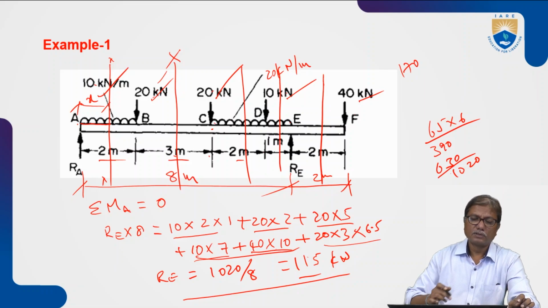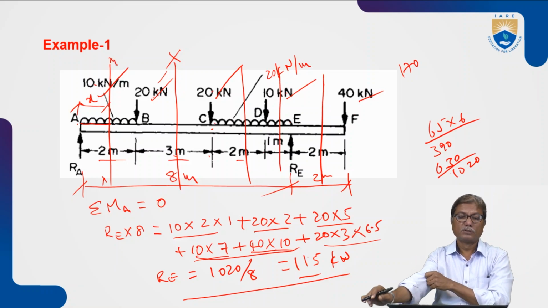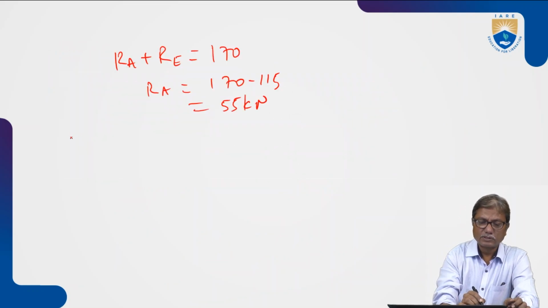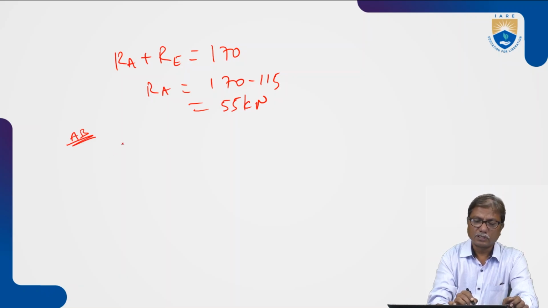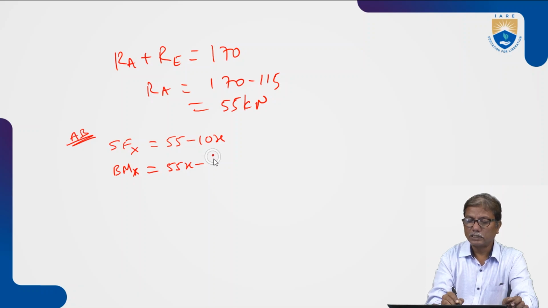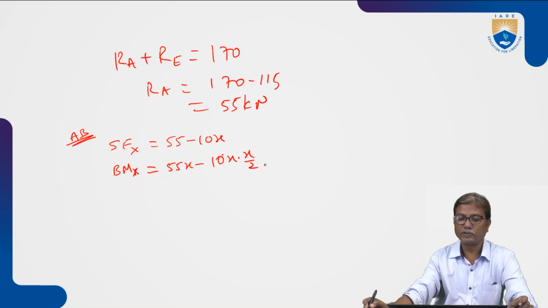Let this section be X1 with origin taken at A. So consider section 1 between A and B with origin at A. What is the shear force? RA minus 10x. And what is the bending moment at x? RA into x minus 10x into x by 2, that is 5x square.